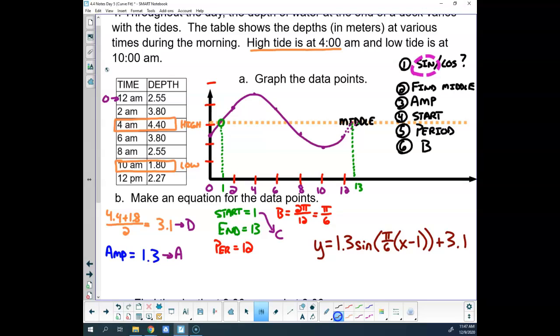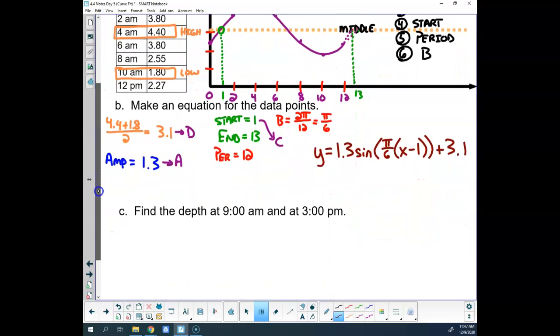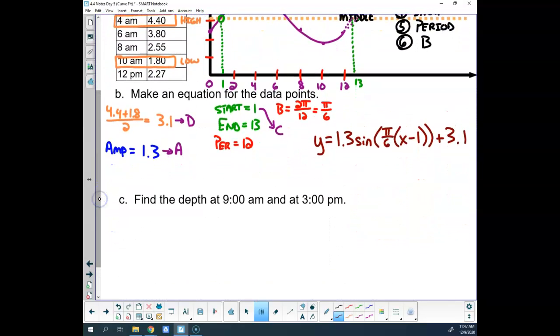And now what we can do is we can use our function to find the depth at different times on our graph, or during this data set. Okay? So at 9 a.m., I can either go up to my graph, and I can utilize it.